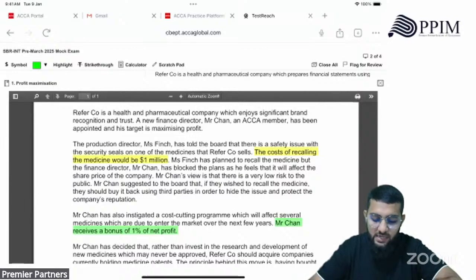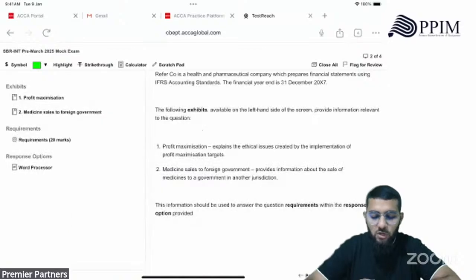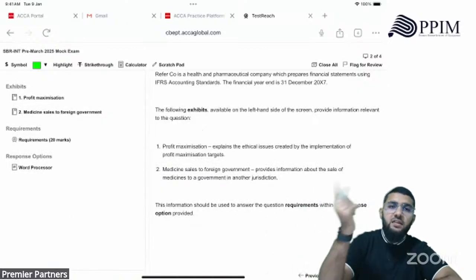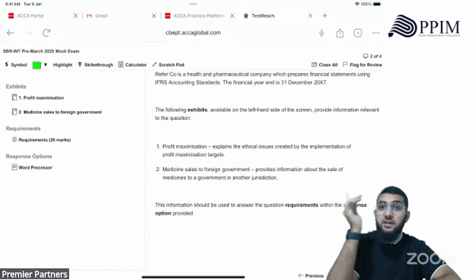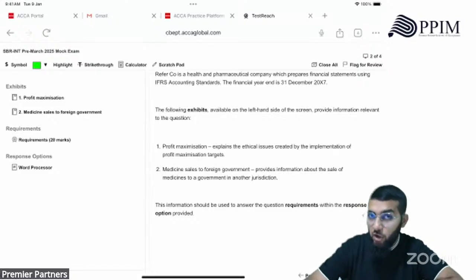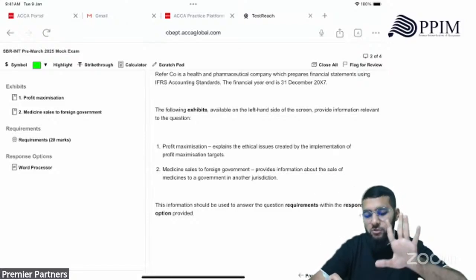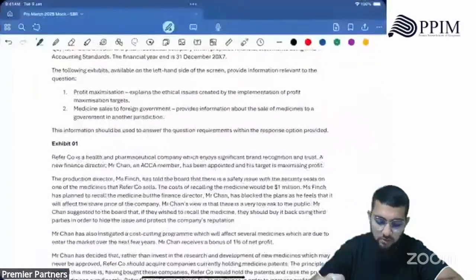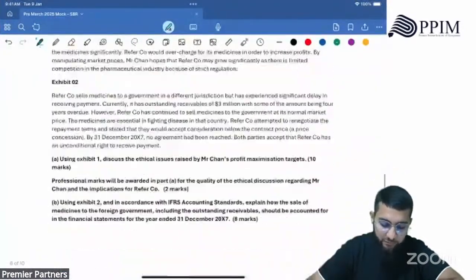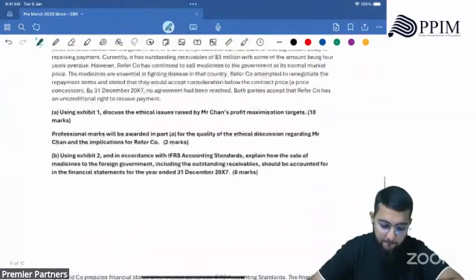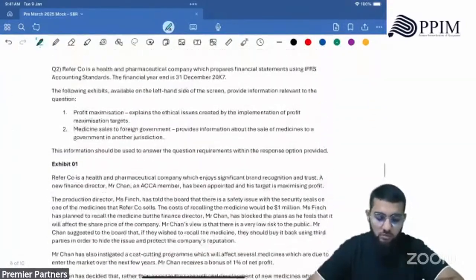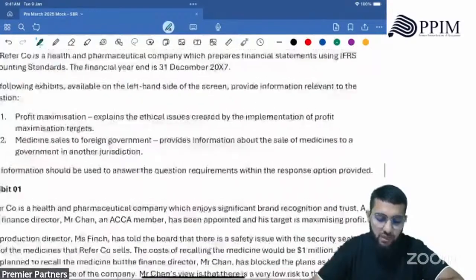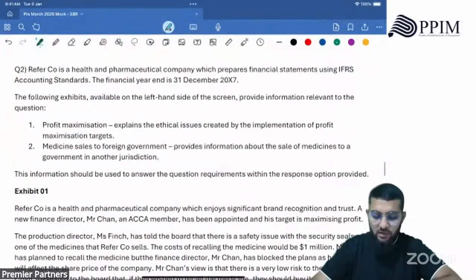Now, this dark black will become light gray when the highlight works. That's why when you enter this practice platform, they are giving you the instructions on how things are going to look like in the real exam platform and how it is different here. So keep those in mind as well. Let's go back to the PDF. Okay. So I'll be using the PDF to, again, structure the answers.